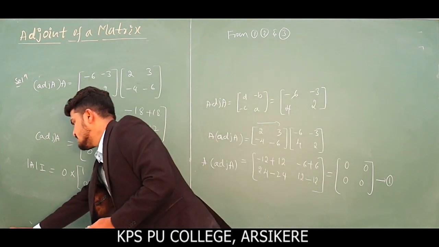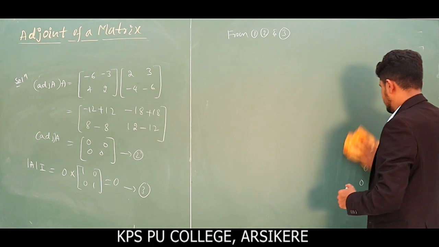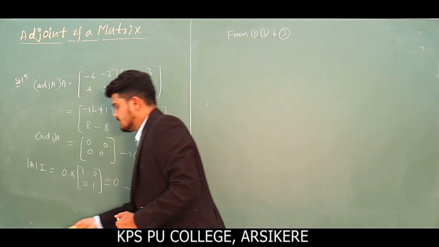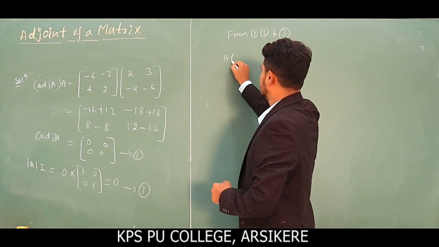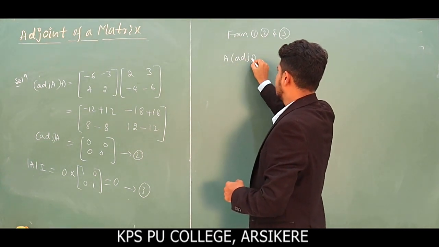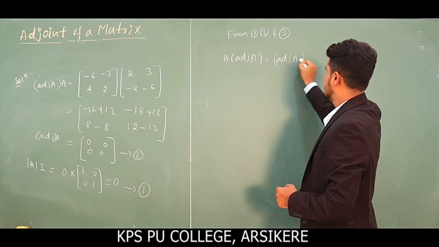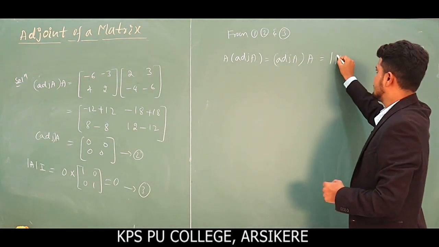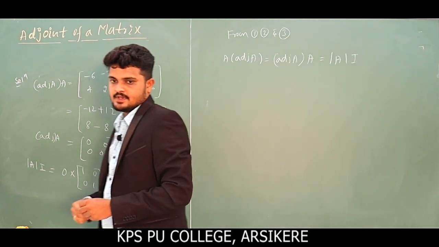So from 1, 2 and 3, clearly we can say that A into adjoint A is equal to adjoint A into A is equal to determinant of A into I. Okay, write first.